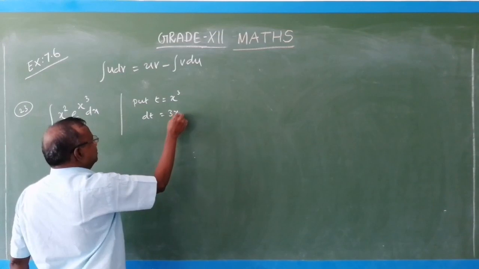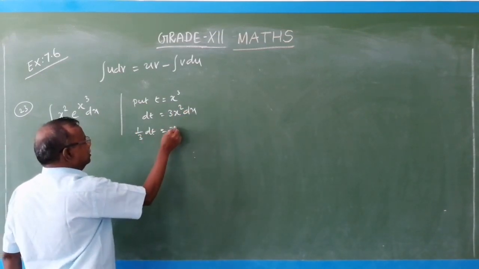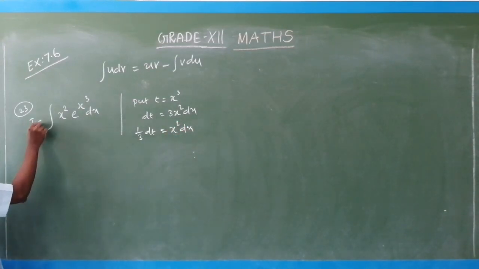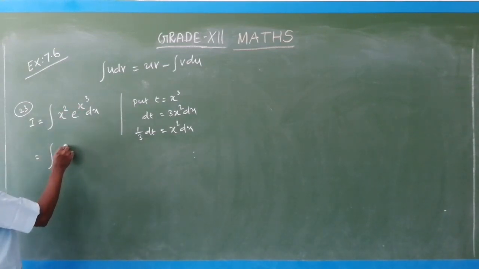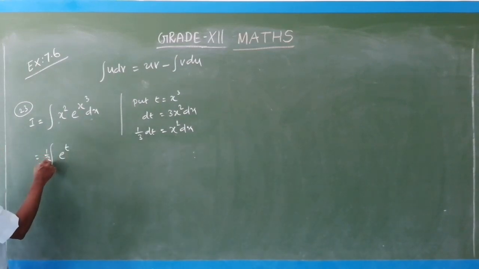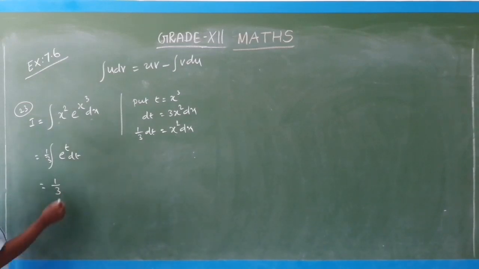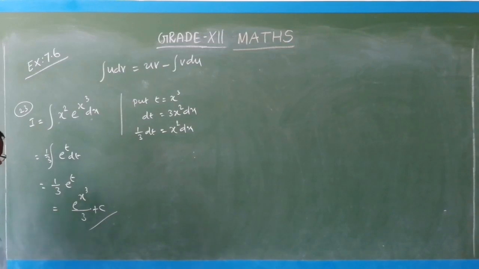So, dt equal to 3x square into dx, or 1 by 3 dt equal to x square into dx. So, this I will become integral e power t into 1 by 3 dt. This is equal to 1 by 3 e power t, integrating e power t only, that is e power x cube by 3 plus c.